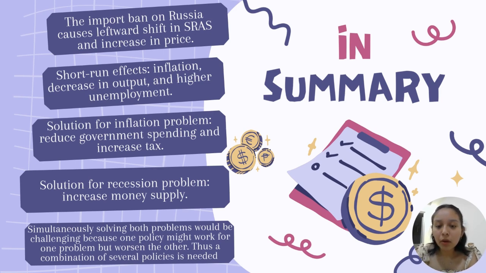A policy that would be implemented to solve the recession problem would be to increase money supply. Now, simultaneously solving both problems would not be possible since while we're trying to solve one, the other one will be worsened. Therefore a combination of policies would have to be implemented in order to solve both problems at the same time.